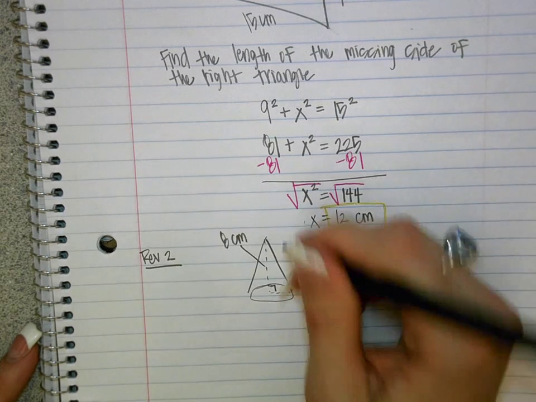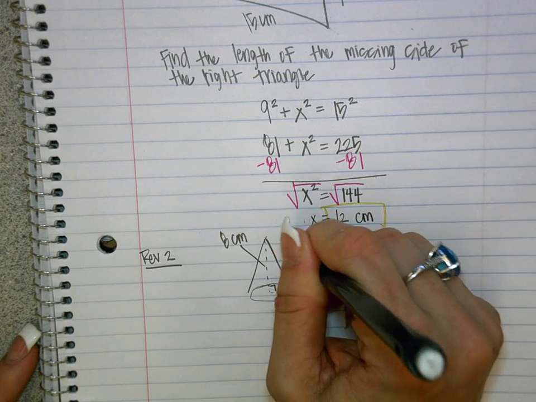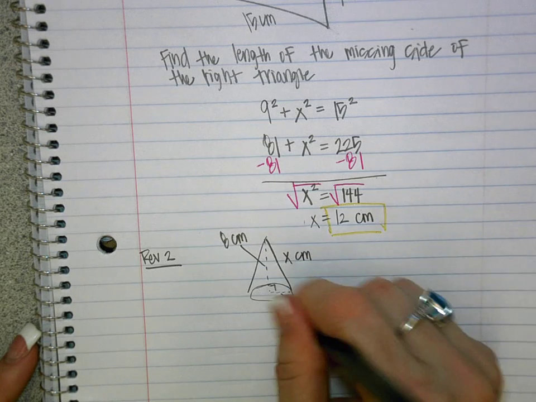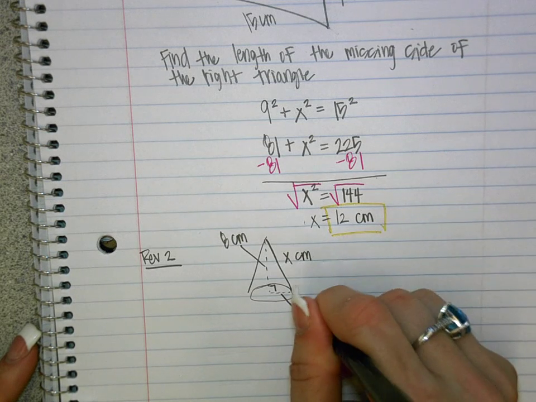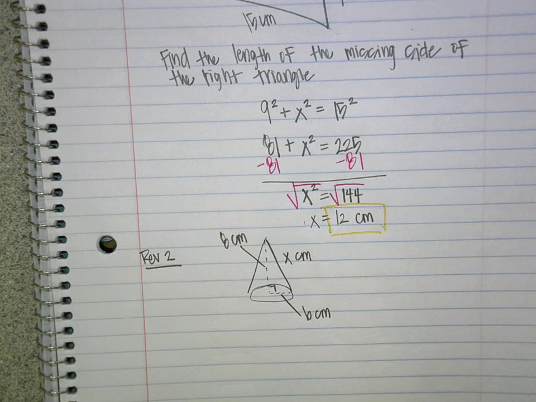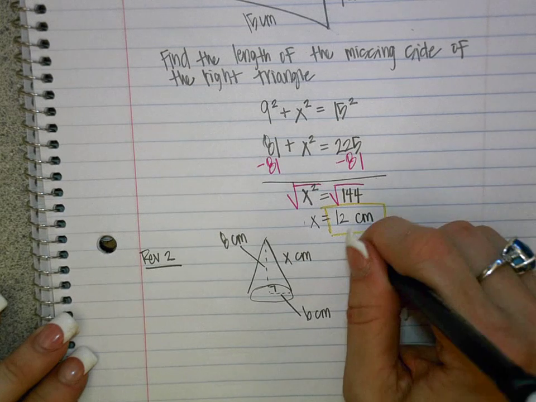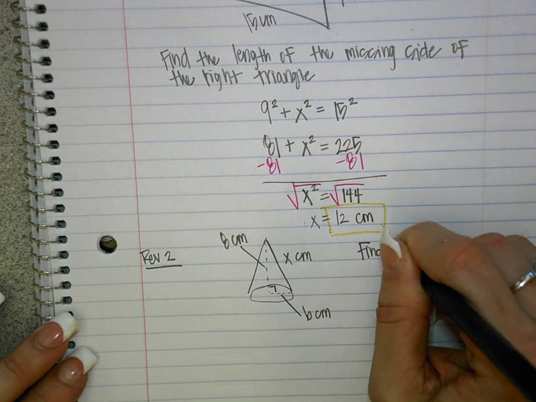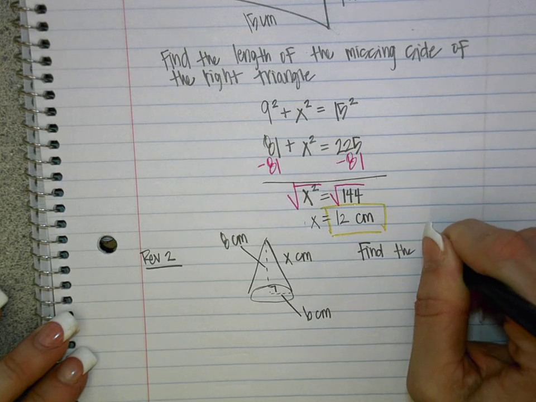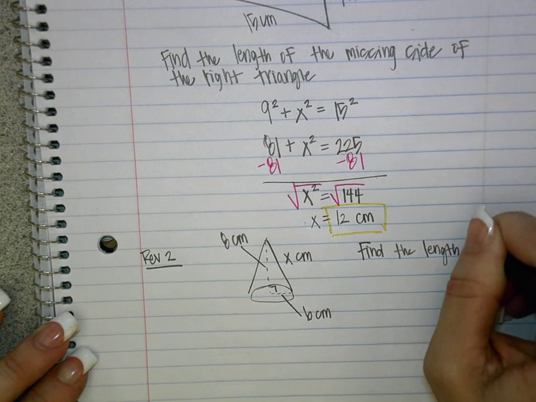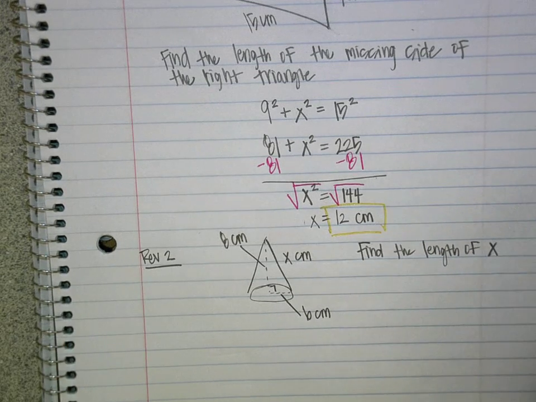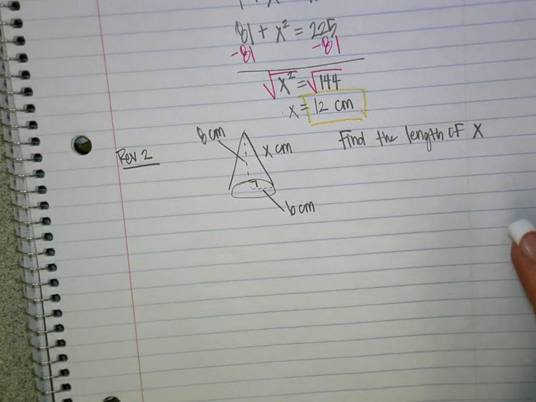The side length is x centimeters. And this bottom is 6 centimeters. And ask you to find the length of x.